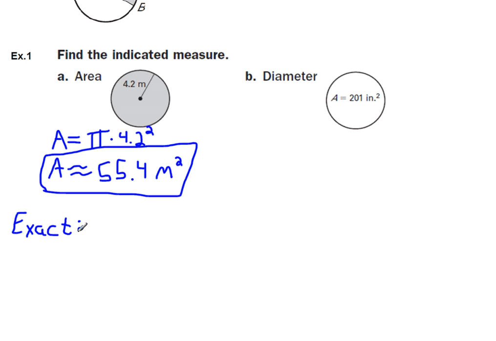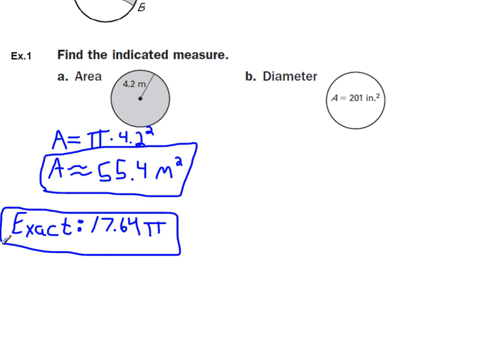So for the exact area, we would do 4.2 squared, which is 17.64. I'm not rounding, that's exactly what it came out to. And that is times pi. We would just leave it like that. We would say the area is 17.64 pi, and we wouldn't round it. This is an exact answer. This is not a rounded answer. It's kind of just telling you the idea of the answer without spelling out for you what it is.